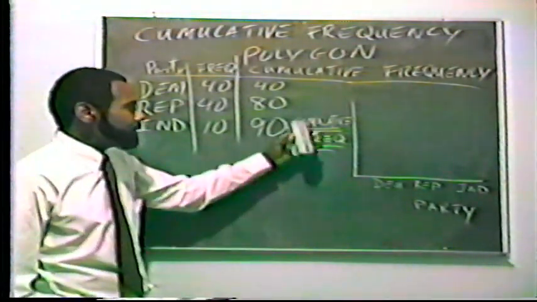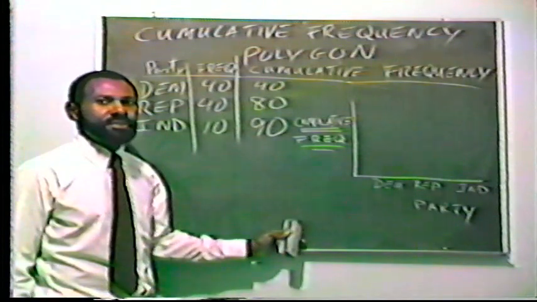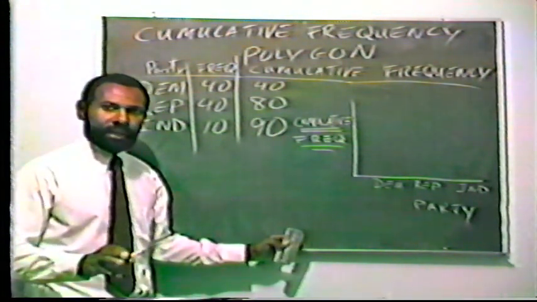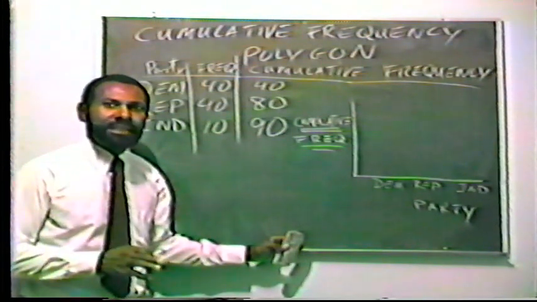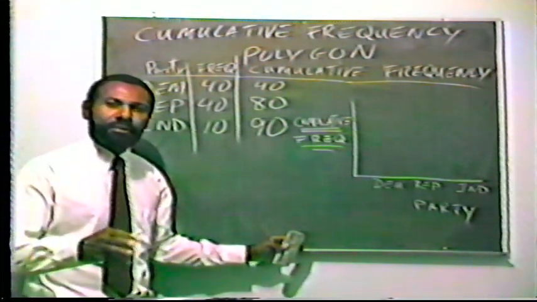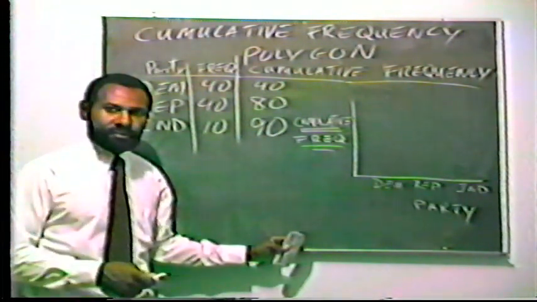With the cumulative frequency polygon, we have to put the cumulative frequency on the vertical axis, not just the frequency like we did with the frequency polygon.